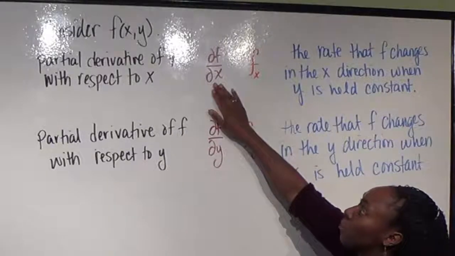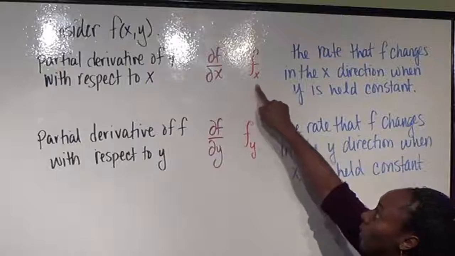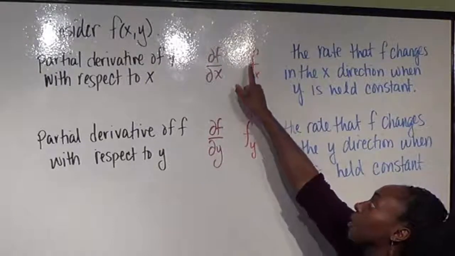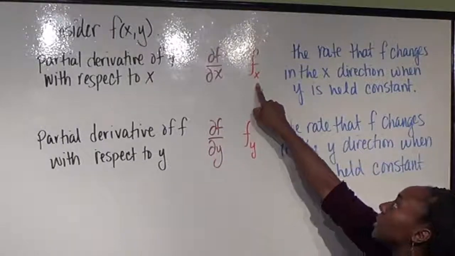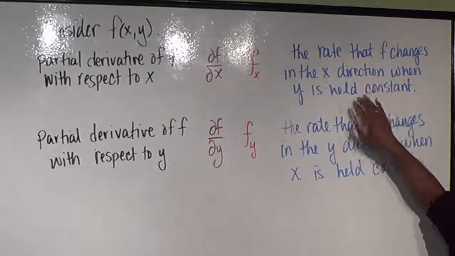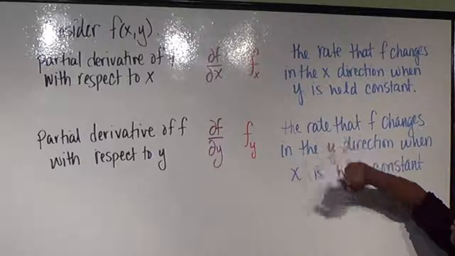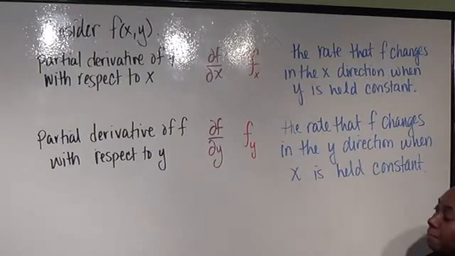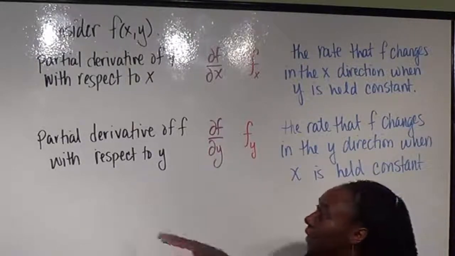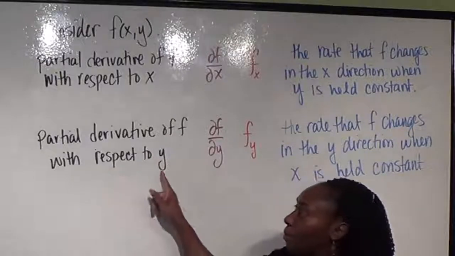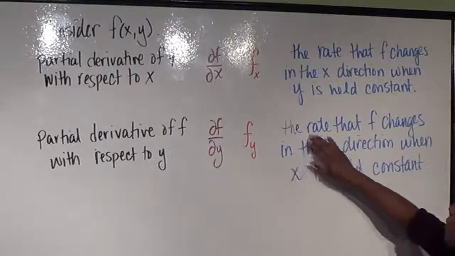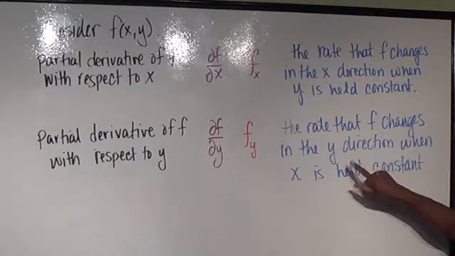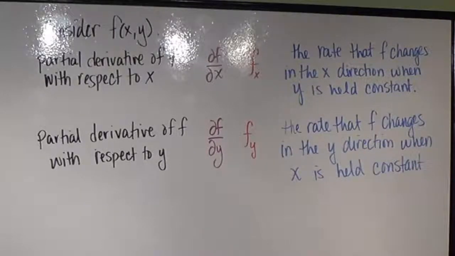So the partial of f with respect to x, or we can denote it this way: I'm looking at the function f, and I'm taking the first order partial with respect to x. This is the rate that f is going to change in the x direction when y is held constant. And likewise, the partial derivative of f with respect to y, same notations: the rate f is going to change in the y direction when x is held constant.